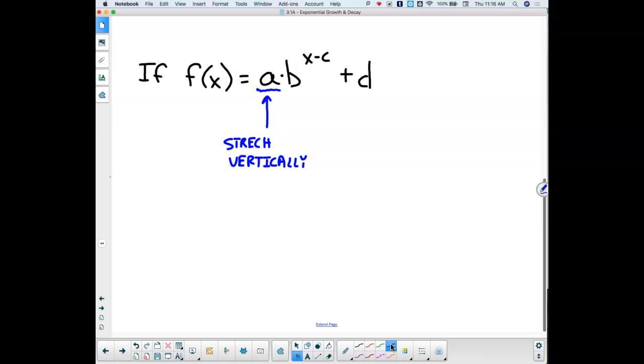It's either going to make it grow really, really fast, or grow really slow, or decay really fast, or decay really slow. Depends on the value of it. It's also going to have an effect on our y-intercept.